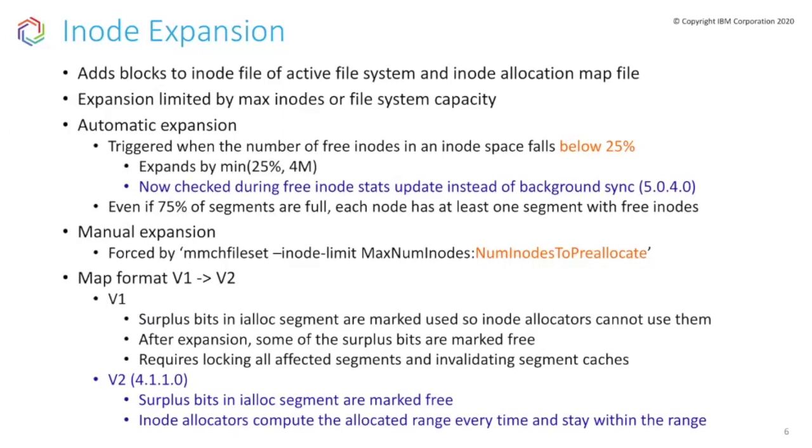The inode expansion would kick in after some time, but until then, all your inode allocations are blocked or aborted. So in order to react faster, we check more often now. I already mentioned the relationship between the number of segments and the parallelism. So we want it to be 4 times for this reason, because of the threshold, which is 25%.